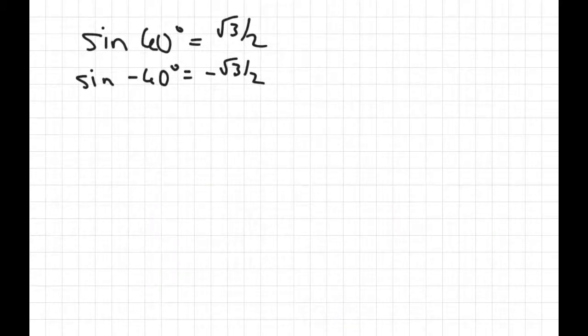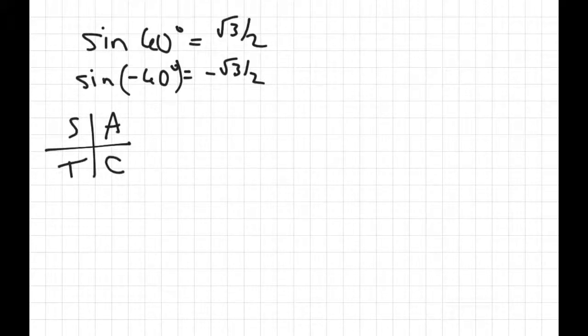I want to look back at the sine of 60 degrees and the sine of negative 60 degrees. The sine of 60 degrees is square root of 3 over 2 because it occurs in the first quadrant. The sine of negative 60 degrees, because negative 60 degrees is in the fourth quadrant, and in the fourth quadrant, if all students take calculus, sine must be negative.